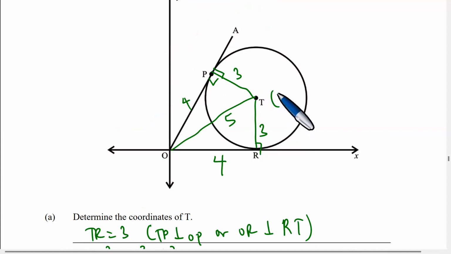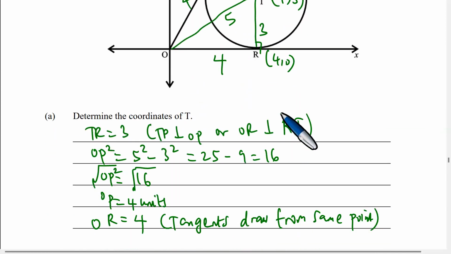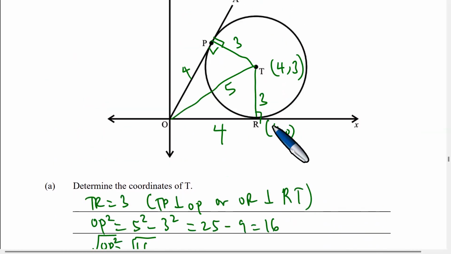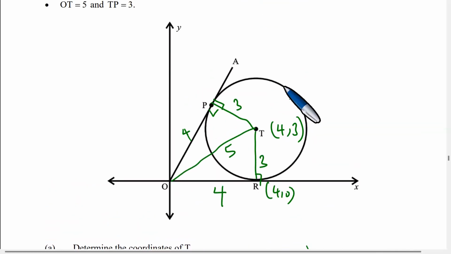XT is also 4. So the X coordinate here is 4, the coordinates here are 4 and 0, and the top one is 3. Which means T has coordinates 4, 3.